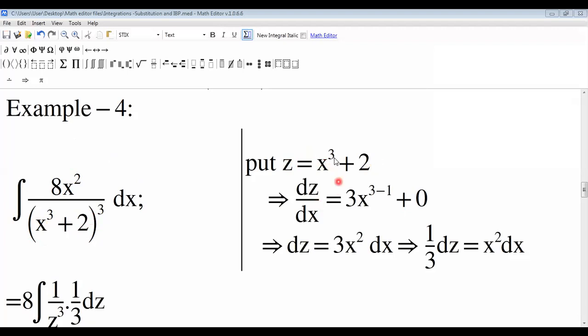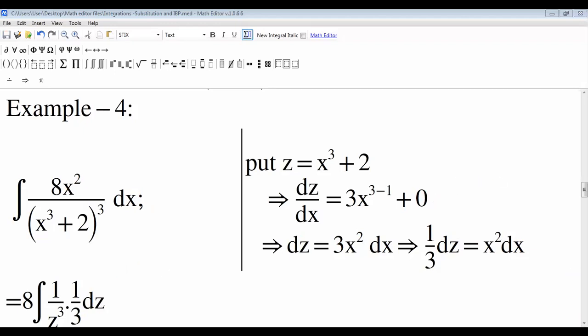Then after differentiation, dz/dx equals 3x square, and the differentiation of 2 is 0. Dividing by 3 on both sides, we get 1 by 3 dz equals x square dx. Since x square dx is in our given integral, x square dx means 1 by 3 dz.